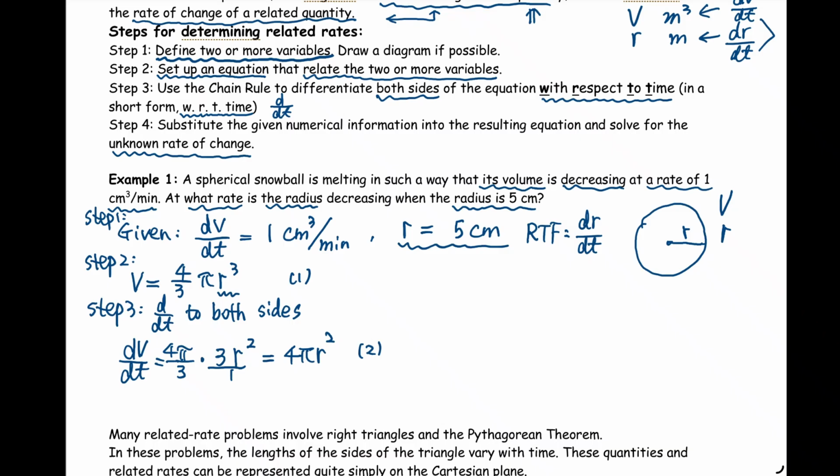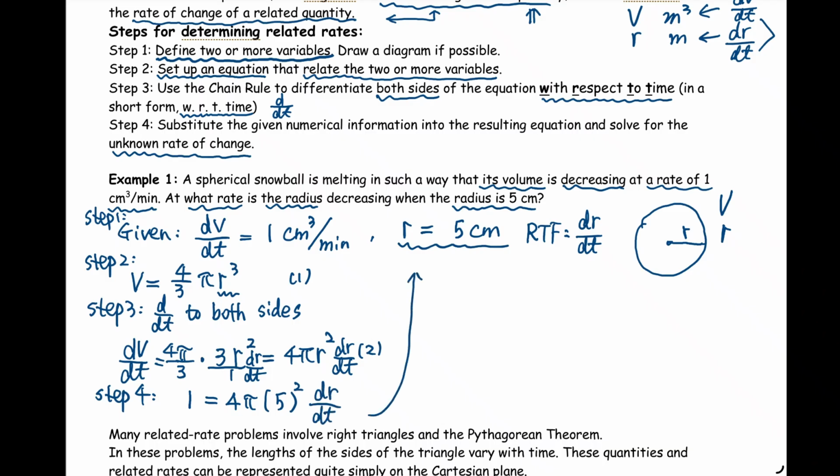And don't forget, r is a function of t, so chain rule. Don't forget dr by dt. Then step 4, we sub in the given numbers. In step 4, we sub in dV by dt is 1, r is 5, then times dr by dt.